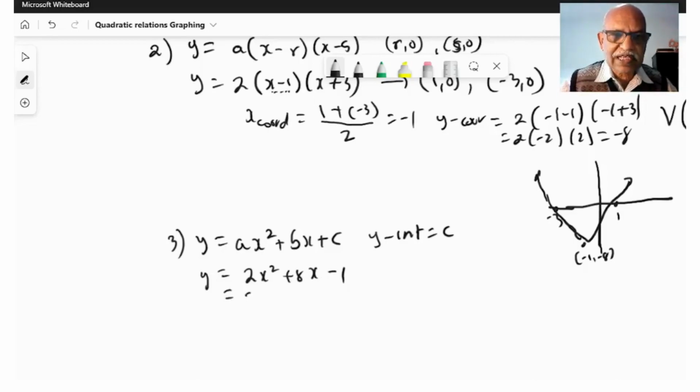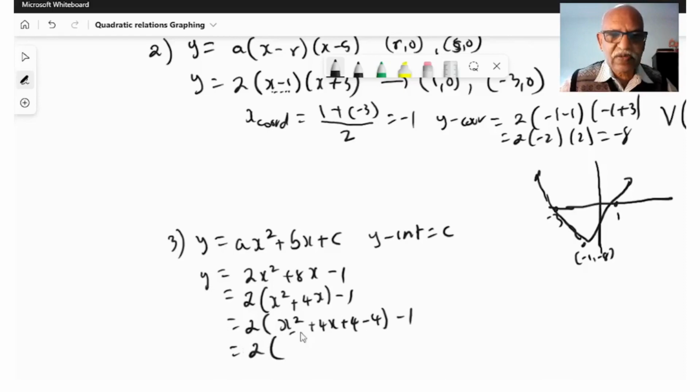Complete the square means I take the 2 out: x squared, 8 divided by 2 is 4, and then I have 2. I complete the square inside the bracket. So x squared plus 4x, half of 4 is 2, 2 squared is 4, plus 4 minus 4 minus 1.